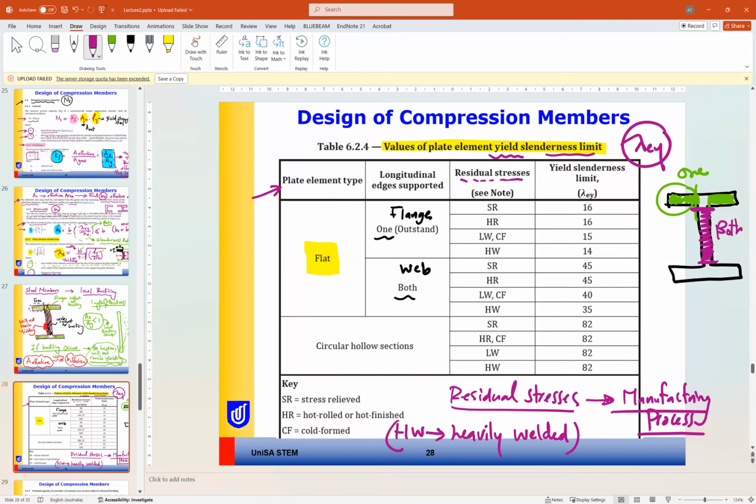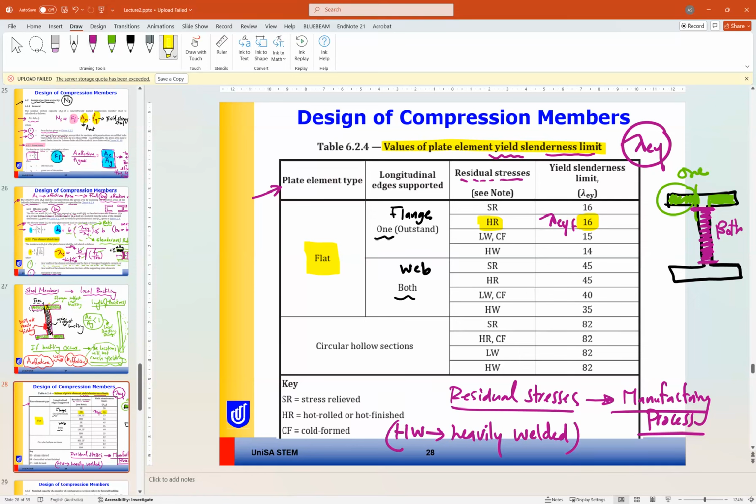Based on the type of member you are designing, you can find the limit. For example, if we are doing a hot rolled section, the yield limit of the flange, or sigma E yield for flange, will be 16.